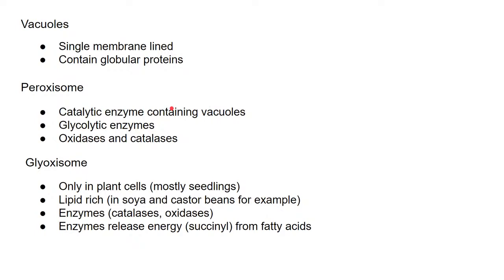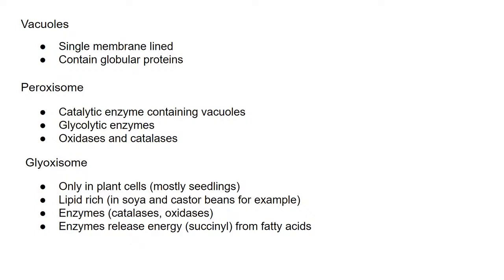And then we have glyoxysomes. Now, glyoxysomes again are specialized vacuoles, or vesicles, that are present in plant cells. So they have their own special enzymes. Similar. Now, those enzymes are again catalases and oxidases. So whenever the word ending in -xisome comes in, it's a word that has catalases and oxidases.